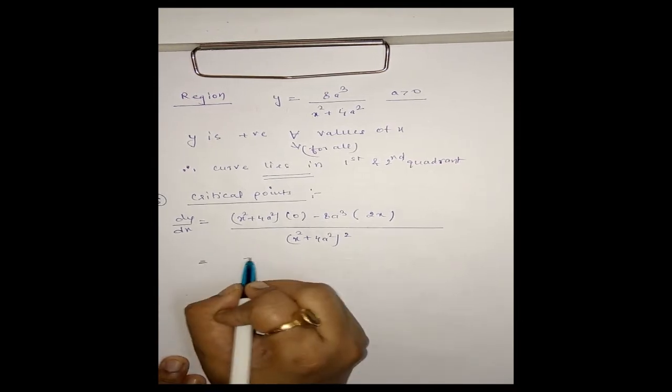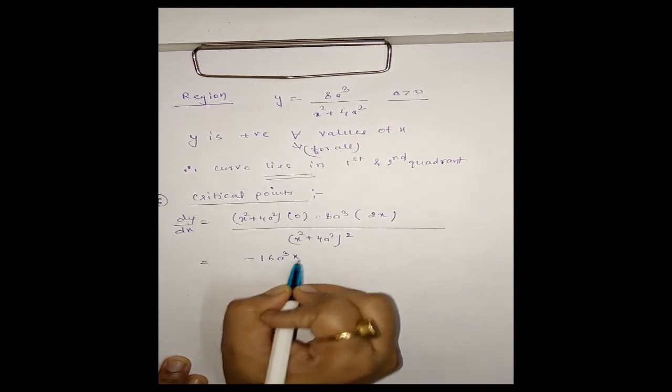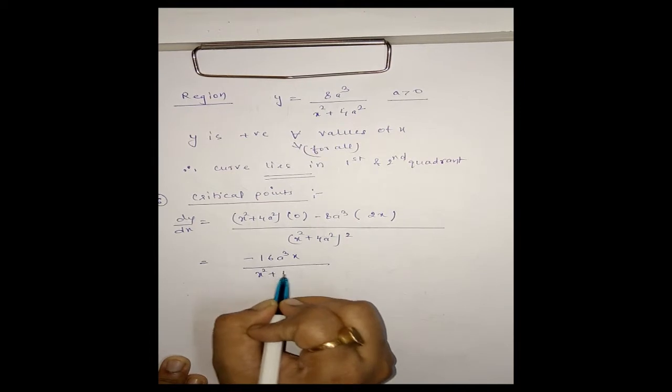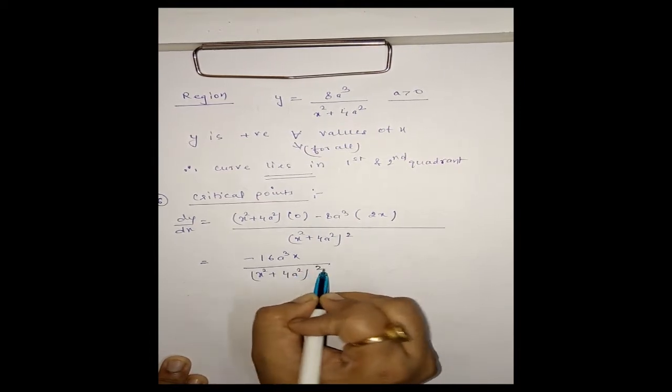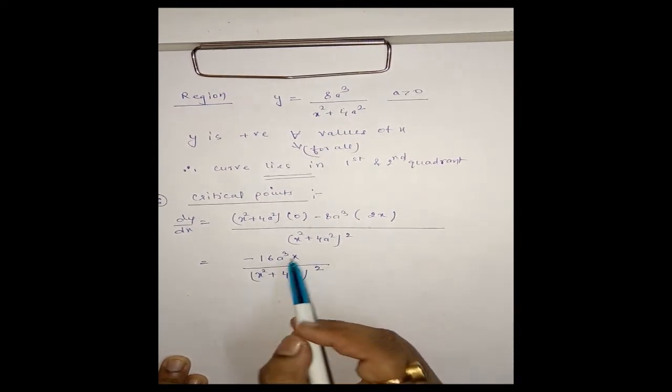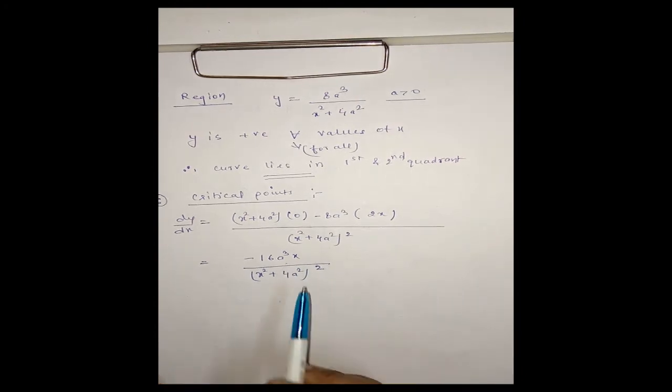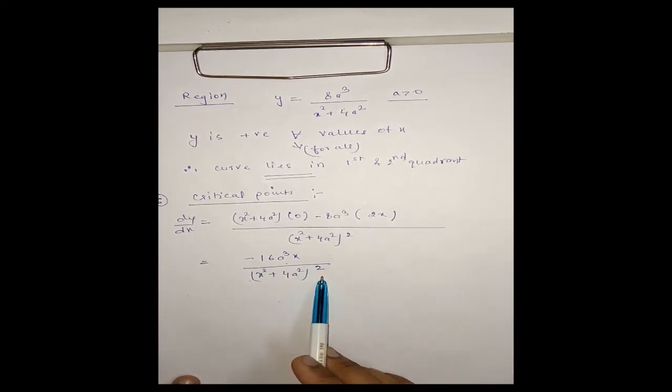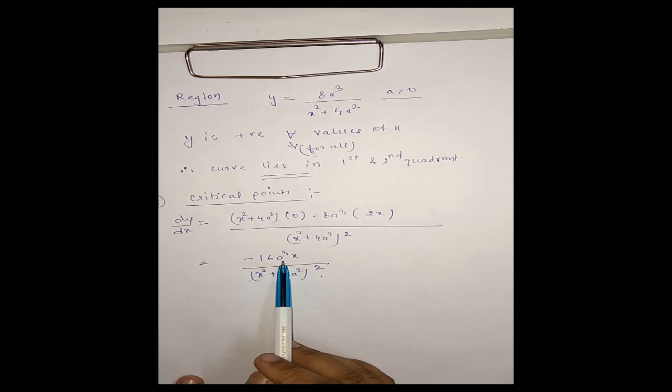This is minus 16a cube x upon (x square plus 4a square) whole square. Now, a is given positive to us, and the denominator is positive always.